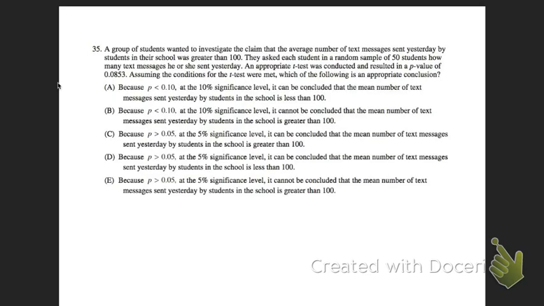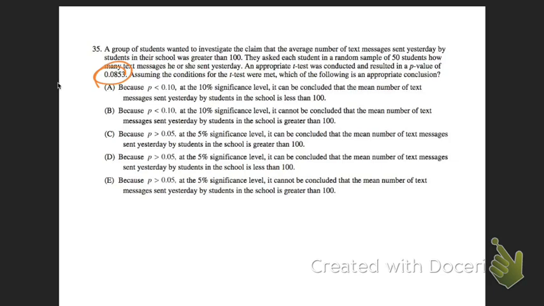35. So it gives you 0.0853. So that means it's either less than 0.1 or greater than 0.05. So that leaves all of my answer choices there. If it's a less than, then I would reject, and if it's a greater than, I would fail to reject.